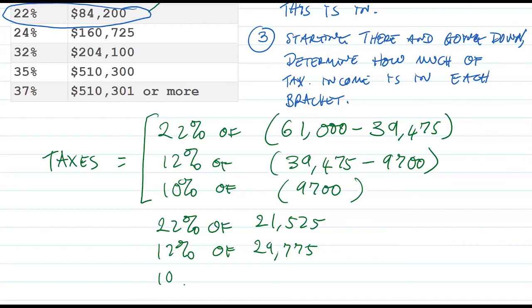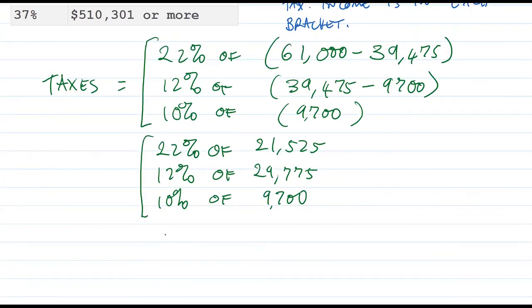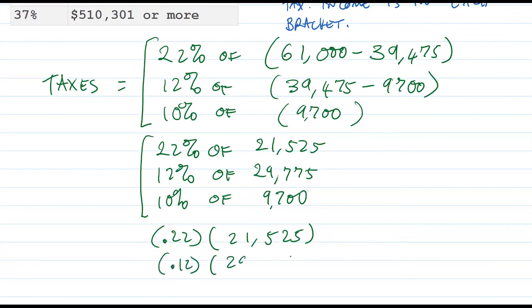And 10% of 9,700. So it's 0.22 times 21,525, 0.12 times 29,775, and 0.10 times 9,700.